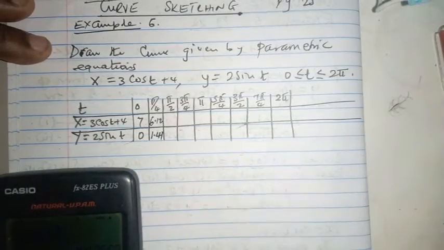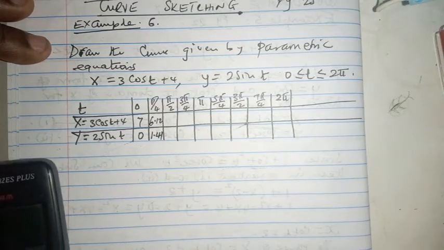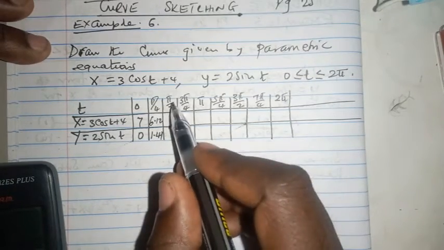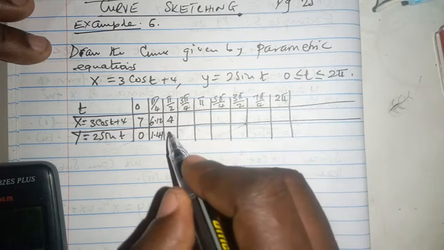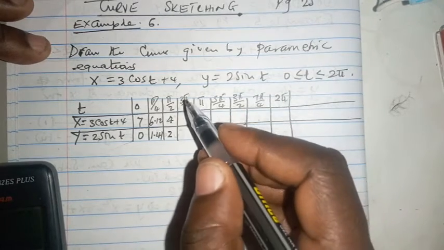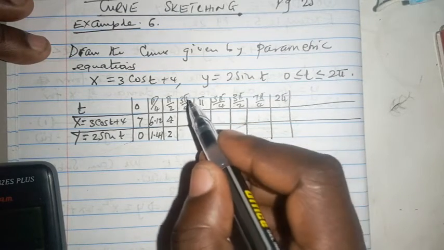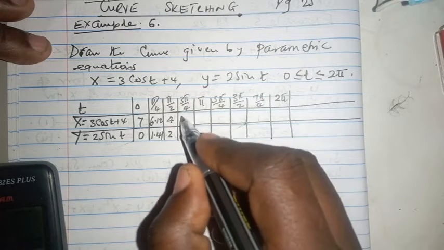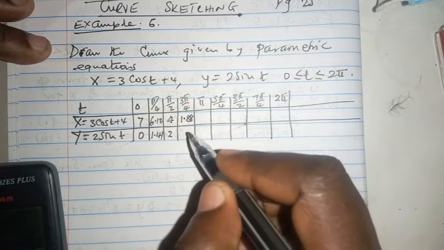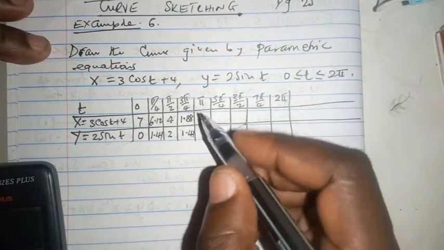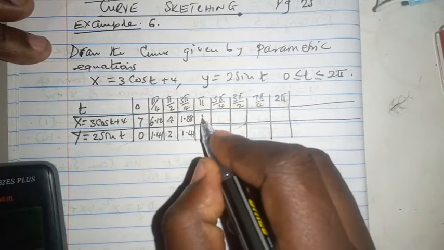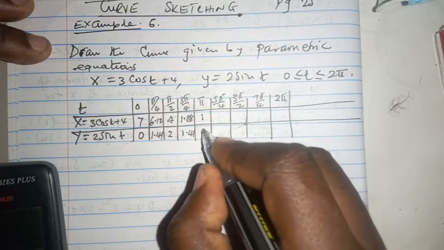You will do this way throughout until when t is pi over 2, x will be 4 and y will be 2. When t is 3/4 pi, x will be 1.88, y will be 1.41. When t is pi, x will be 1, y will be 0.